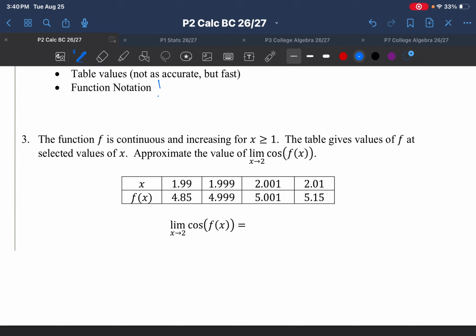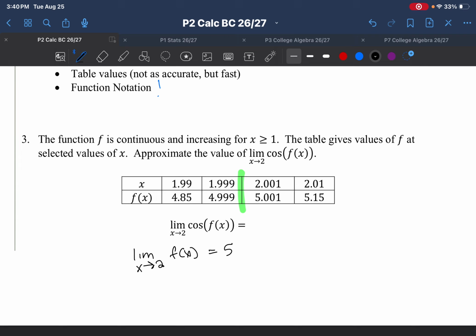This is a composite function. To solve a composite function, the first thing we need to do is look at the limit as x approaches 2 of f of x. 2 is going to fall somewhere right here, which means that from the left and the right, they are both approaching the value 5. So it equals 5.